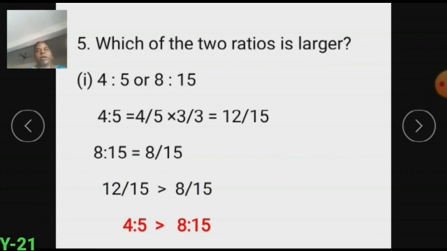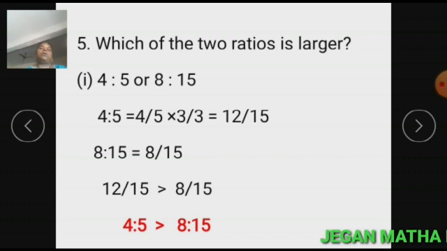Question number 5. Which of the two ratios is larger? To find the larger ratio from the given ratios, first we find the common denominator.